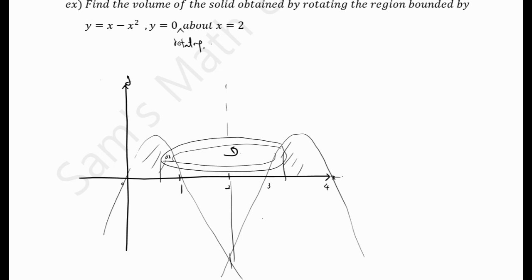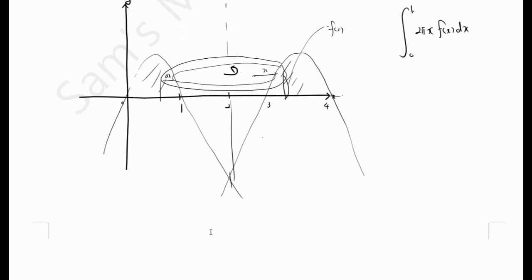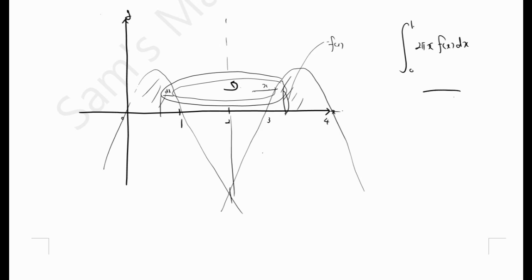This is dx, this is x, and this is f of x. So the differential volume is 2 pi x f of x dx, integrated from x equals 0 to 1.